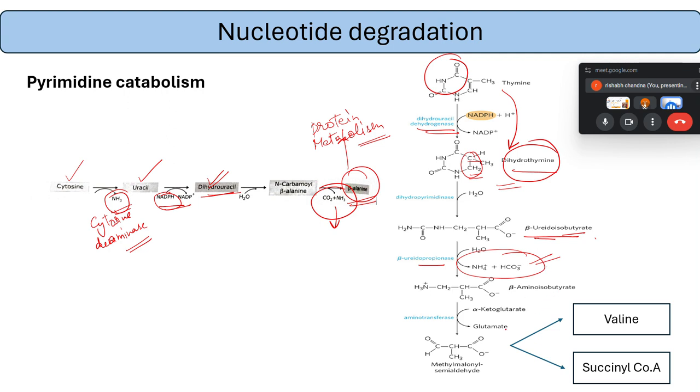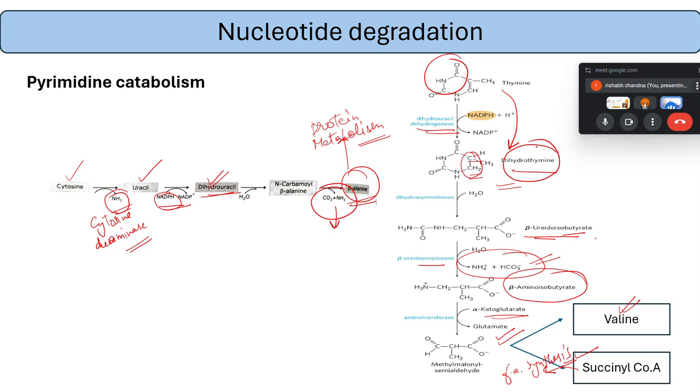So further, this aminotransferase, with the help of alpha-ketoglutarate, basically forms methylmalonyl semialdehyde that leads to the formation of succinyl coenzyme A. So this succinyl coenzyme A helps in fatty acid synthesis, and sometimes it is also involved in valine synthesis during this intermediate pathway of valine synthesis.